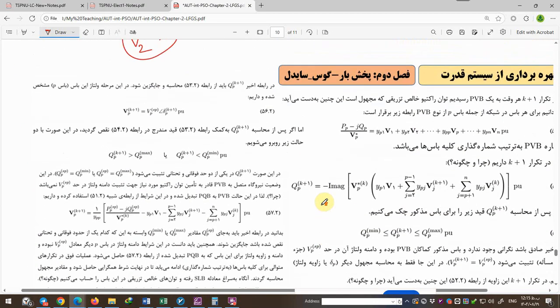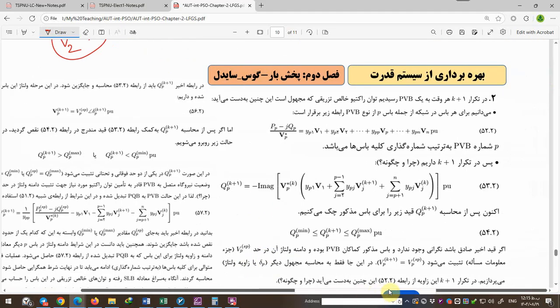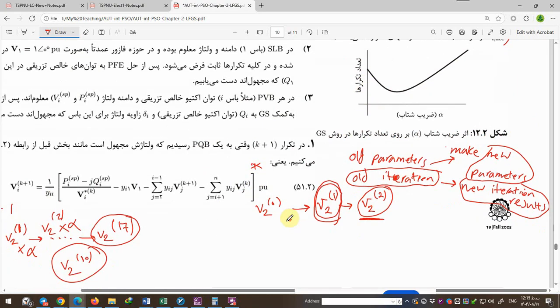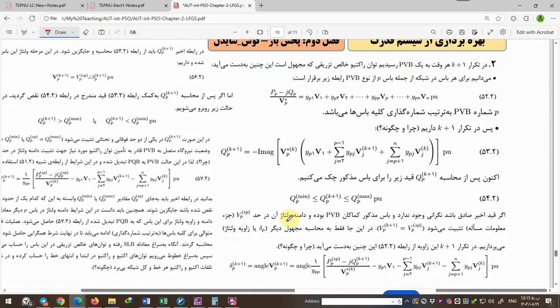another item is, after finding voltages from this equation, it is time to calculate Q for the PV bus.